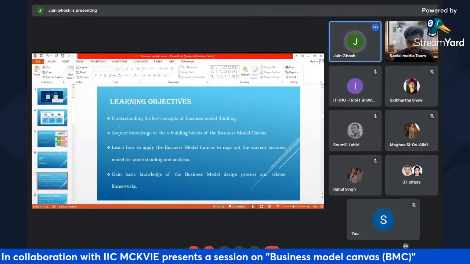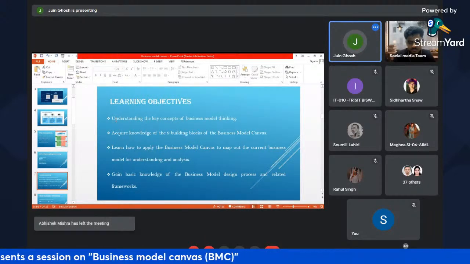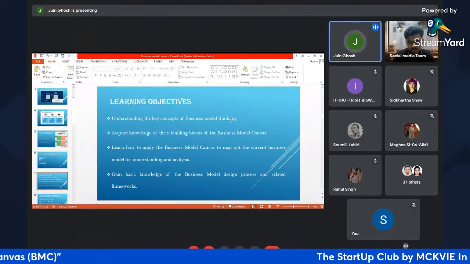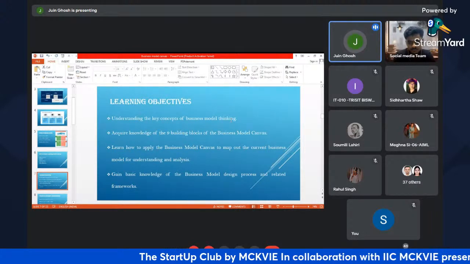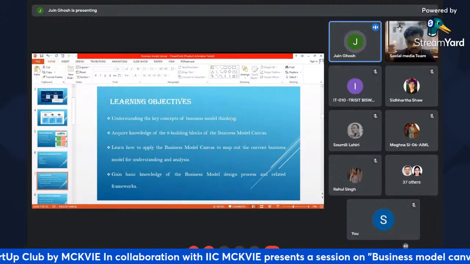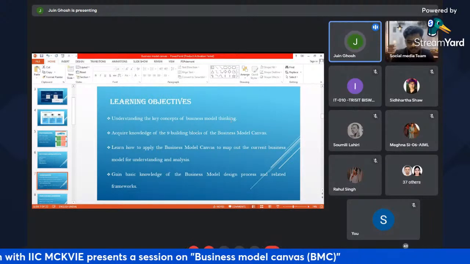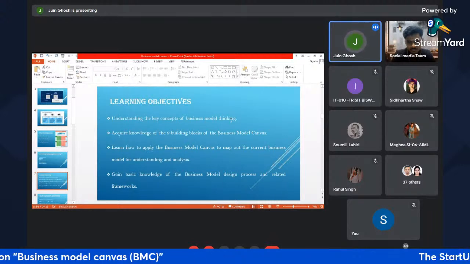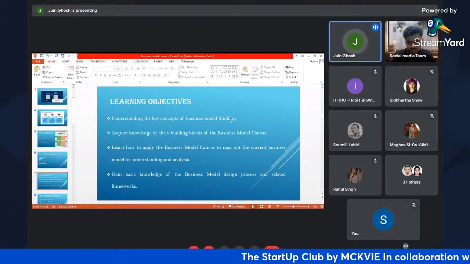So basically, when we are talking about this business model canvas, we need to understand the key concepts of business model thinking. That is, where to focus on, where to highlight the most compared to the other parameters. We, as the strategic managers, those who are involved in the strategic decisions of a company, need to understand the requirement of the organization as a whole.